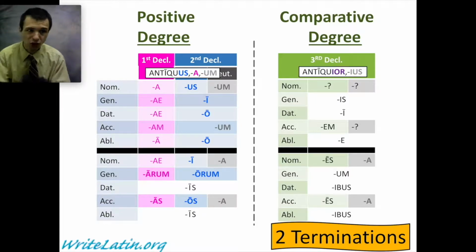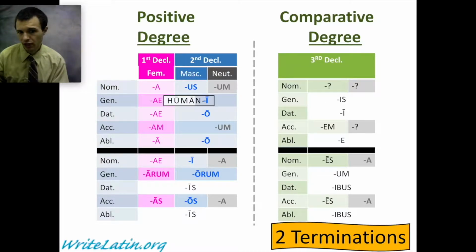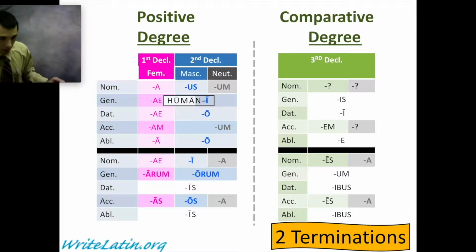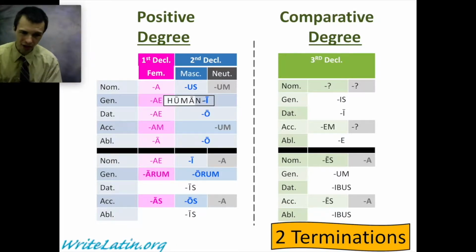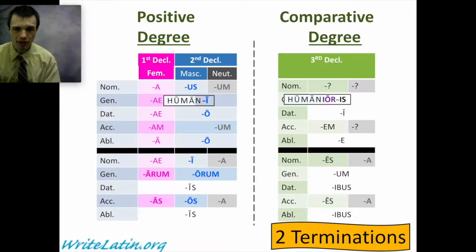Well, I'm going to force it to be third declension. Antiquior, antiquius. And we could go through any lower form as well. So, of the human. What about of the humaner thing? Well, that would be humanioris. And now you're starting to see that third declension ending -is.